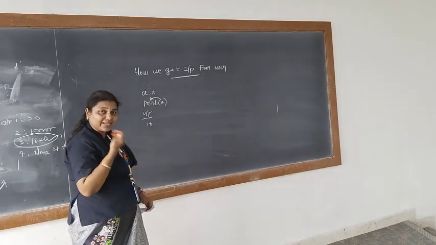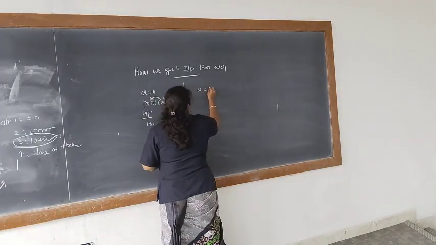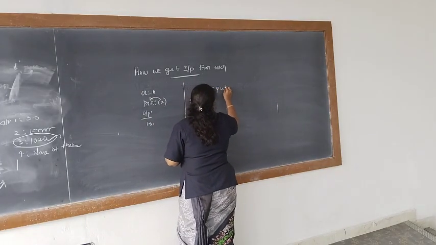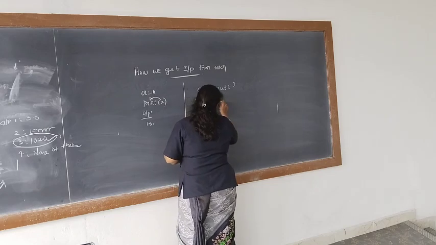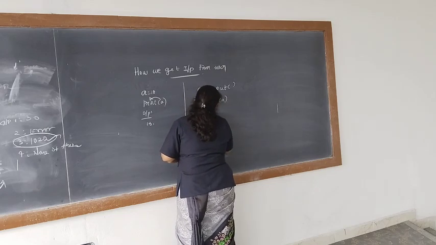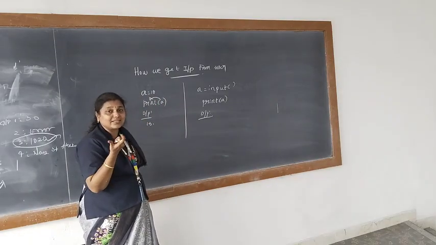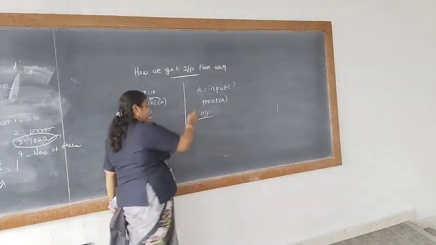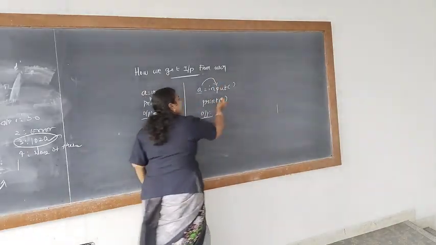So now we will get the input from the user. The term itself is input, right? A is the variable, and we get its value from the input.